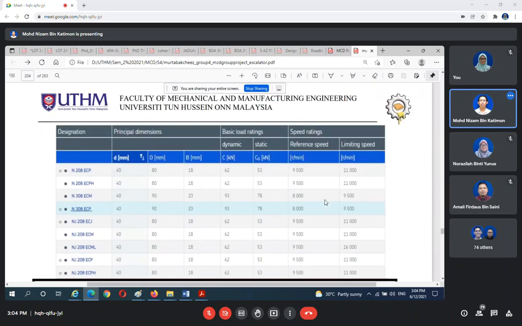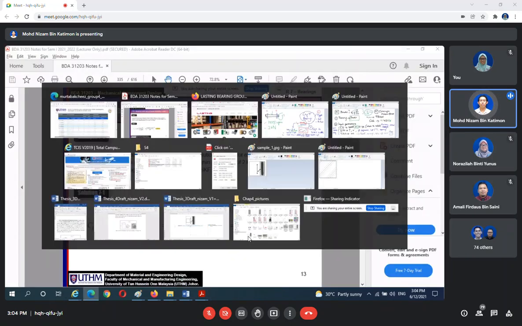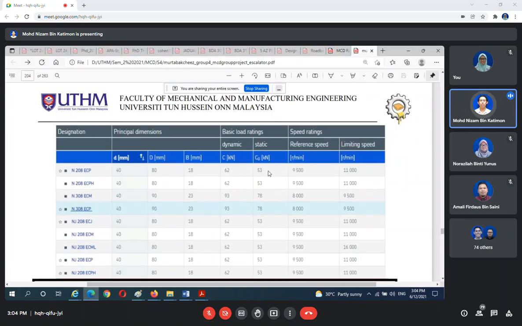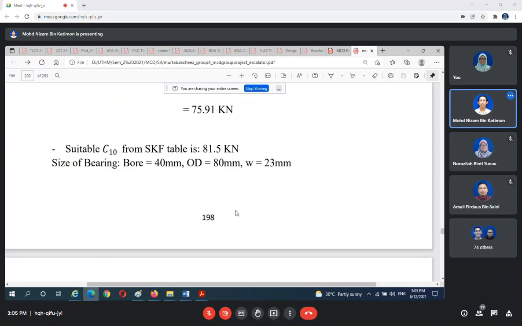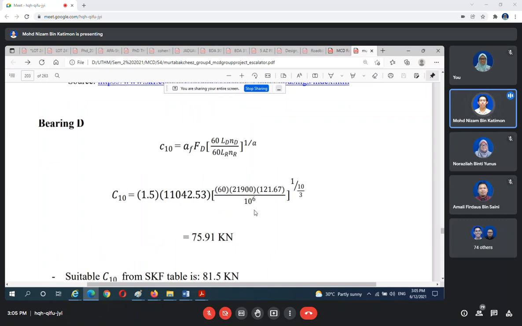Just now we calculated C10. If you refer to the SKF catalog, and to the basic load rating, you can find the values of C0 and C. C refers to the value of C10. So in this case, 16.05 kilonewton.